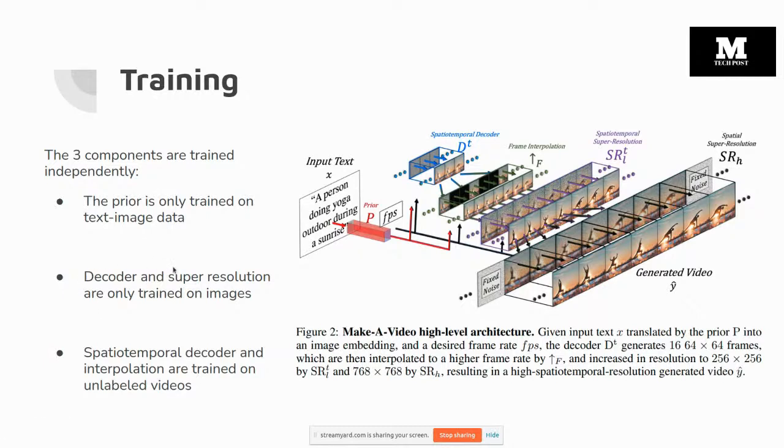Then there is this decoder and super resolution on just images. And only finally, you fine-tune your model on unlabeled videos, such that your frame interpolation network is able to create a video from a single image, but without needing the labels for the videos, which are very hard to obtain.